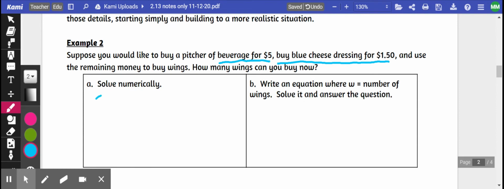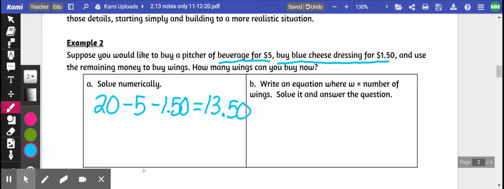So this time, I'm going to subtract the $5 and I'm also going to subtract the $1.50 for the dressing. So now I have $13.50 left for my wings. And I'm going to take that divided by 0.25, and I end up with 54 wings.